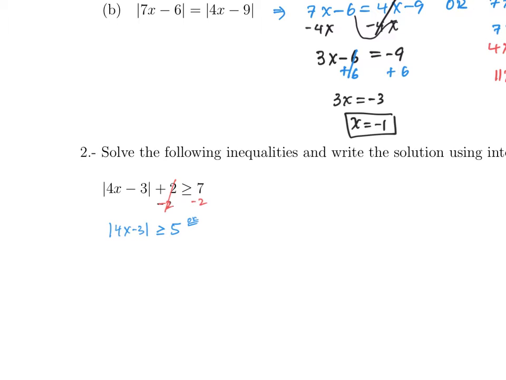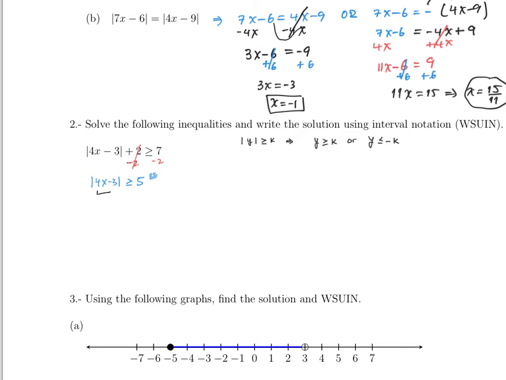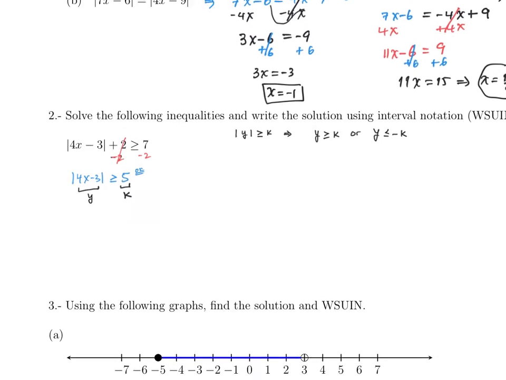That means you can solve the problem. Now you have two types of absolute value inequalities. If the inequality is like this, the absolute value of y is greater than or equal to k, then the inequalities you have to solve are the following. y is either greater than or equal to k, or y is less than or equal to minus k, where this represents y and this represents k.